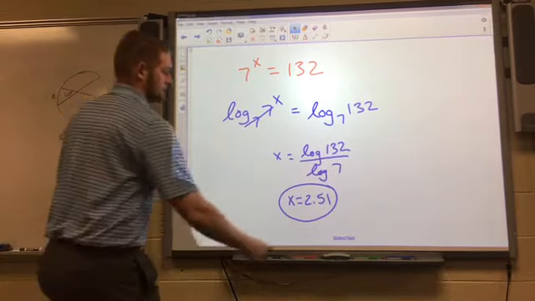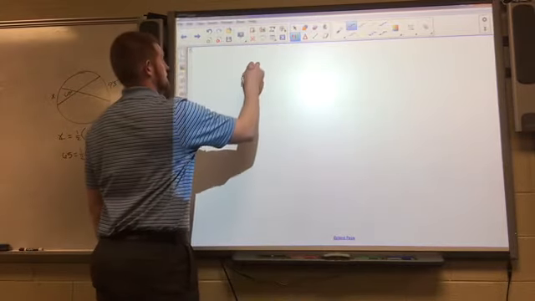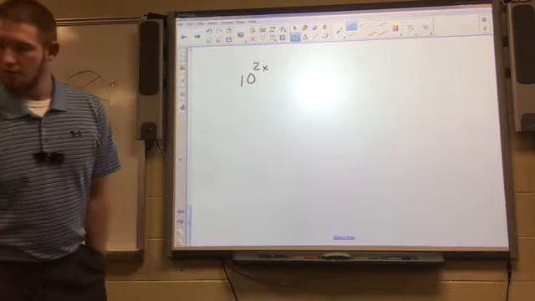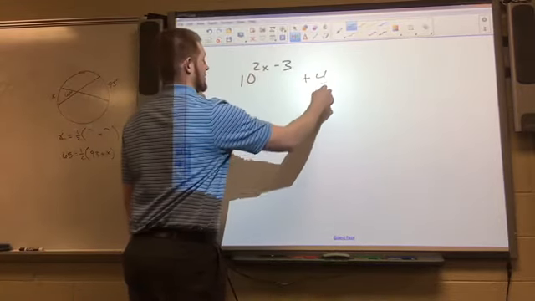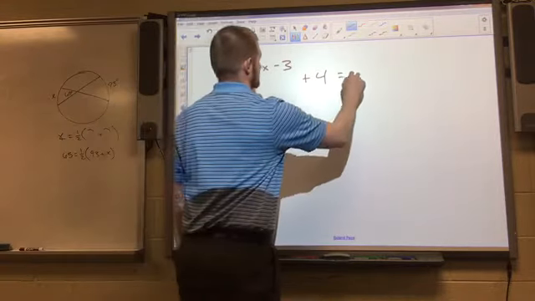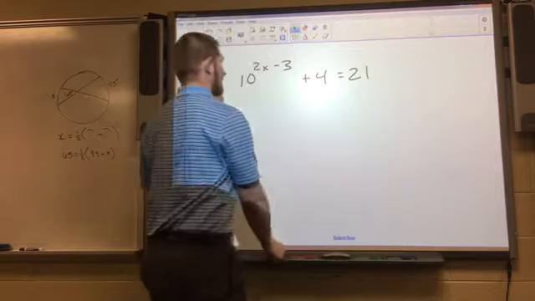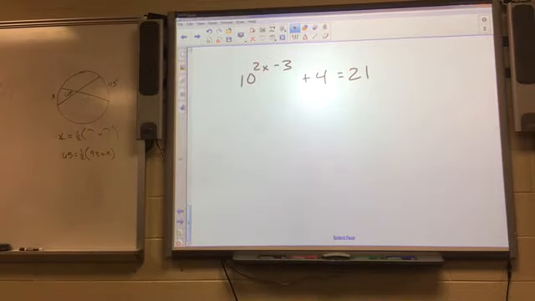I have 10 to the 2x minus 3, plus 4, equals 21. So it looks a lot like past equations that we've solved, except our exponent is where our variable is.